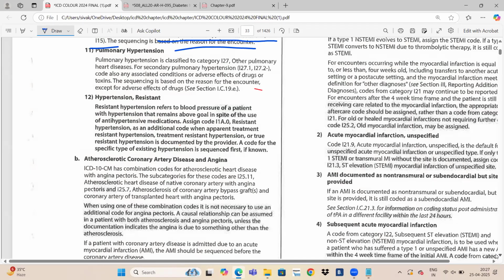Suppose the patient has hypertension and heart disease, but they say the heart disease is due to some other condition. They are not mentioning that it was due to hypertension. At that time, no linkage.